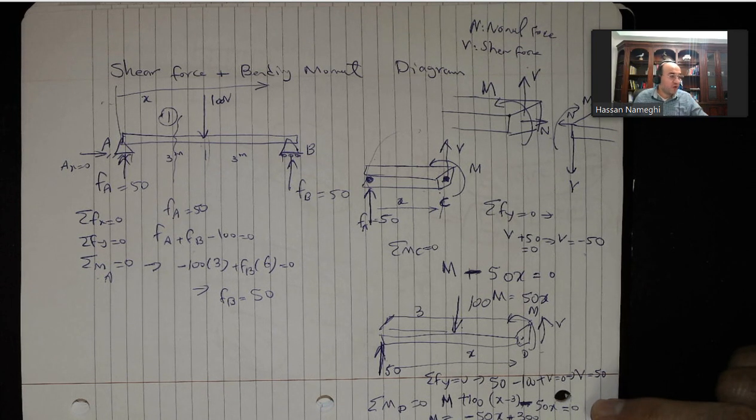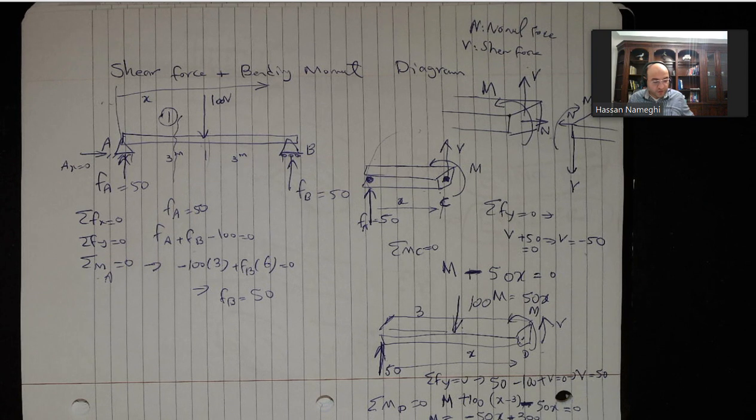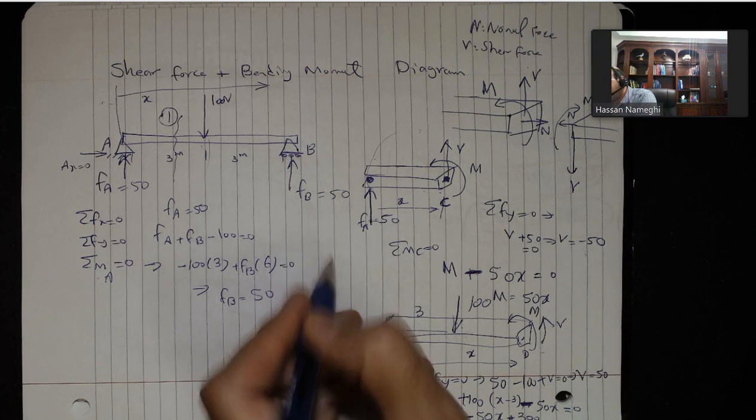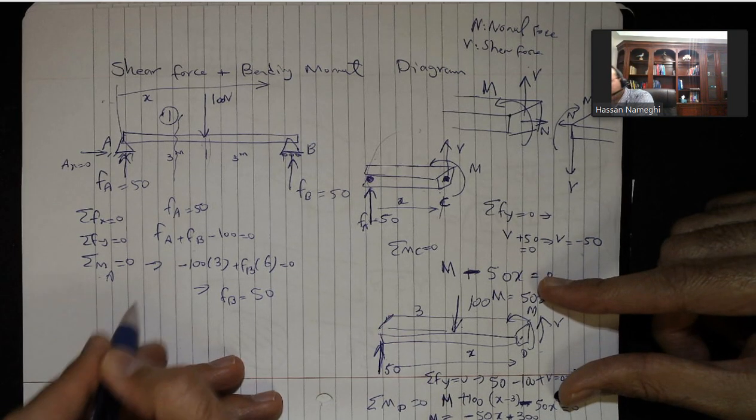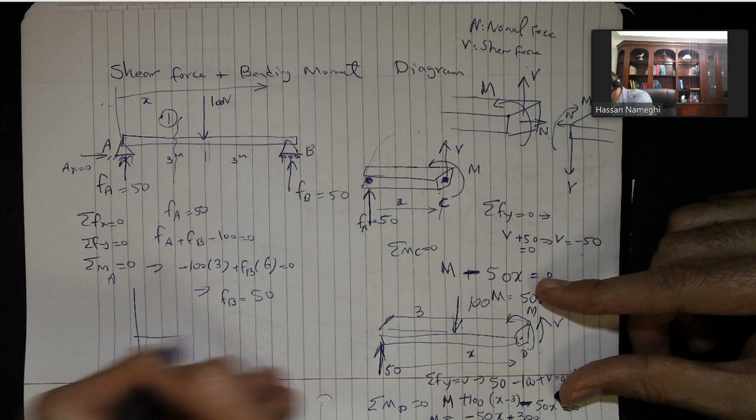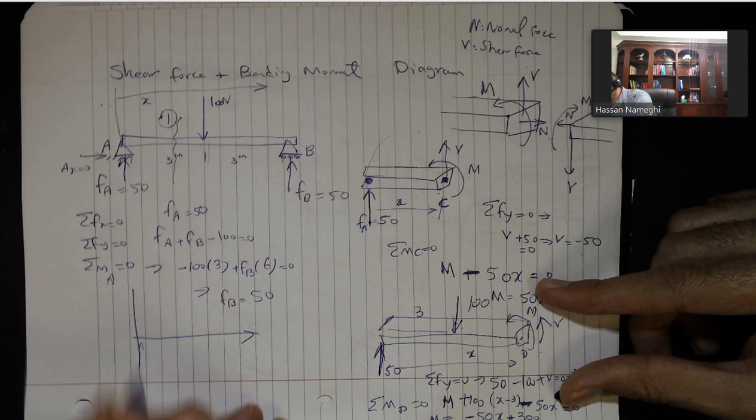So I like to draw my diagrams. So to draw the diagrams, let's start with the first one. I'm going to draw the shear diagram, and then underneath that I'm going to draw the moment diagram.